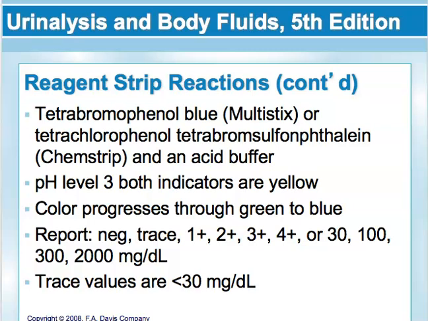So at a pH of 3.0, the indicators are yellow in the absence of protein, and as the protein increases, the color progresses through various shades of green and finally to blue, and each of the color changes corresponds to a reportable value.